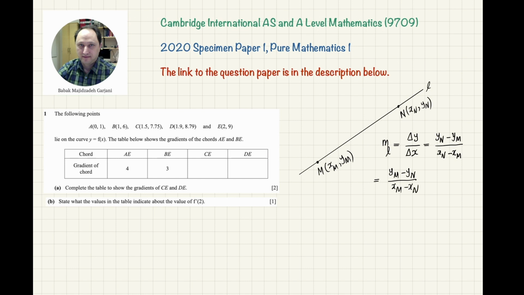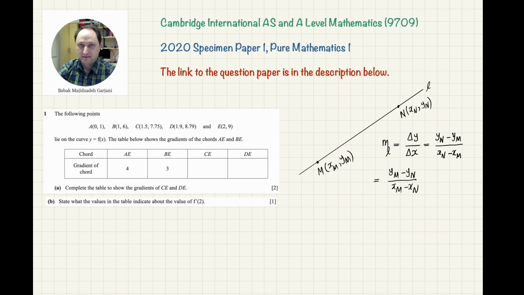It doesn't matter which order you choose, but whatever you choose for the numerator, you have to respect that order for the denominator as well. So in the first fraction, I wrote yn minus ym, and xn minus xm in the denominator. For the second fraction, I wrote m first and n second for the numerator, and I respected the same order for the denominator.